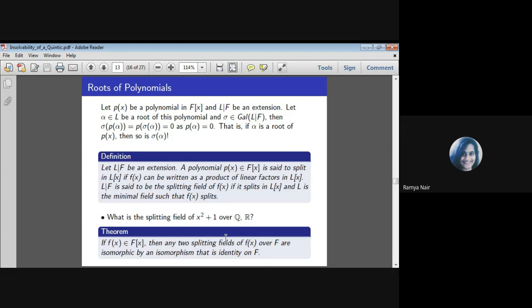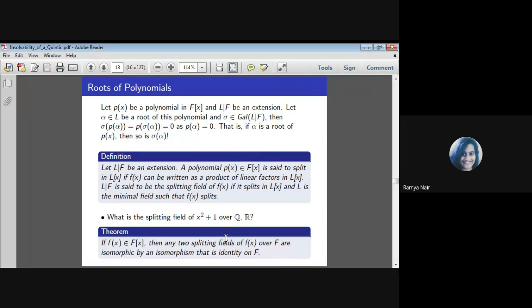So what is the splitting field of the polynomial x squared plus 1 over Q? Any answers?